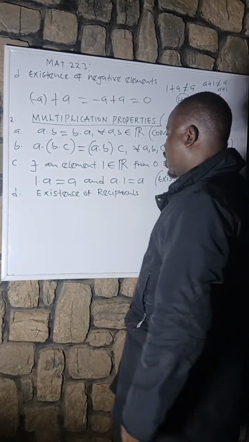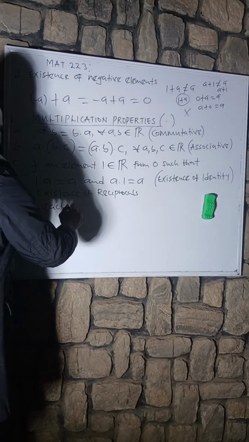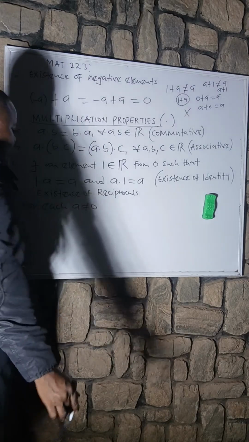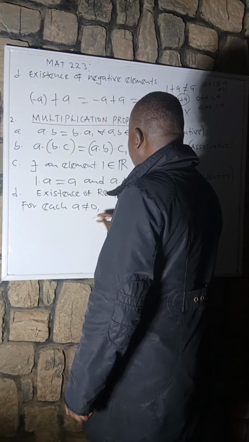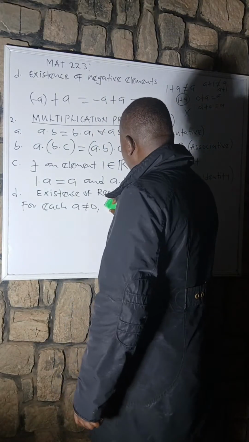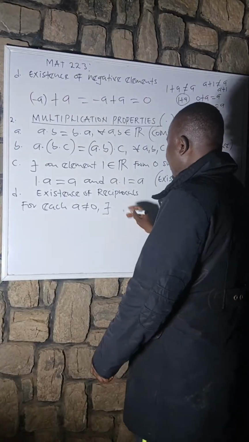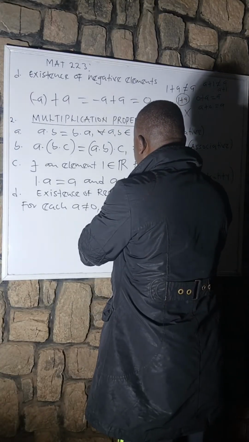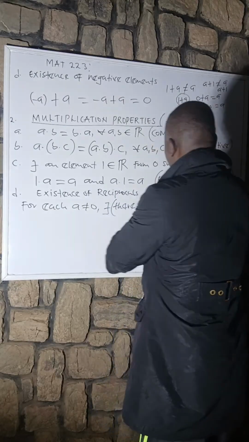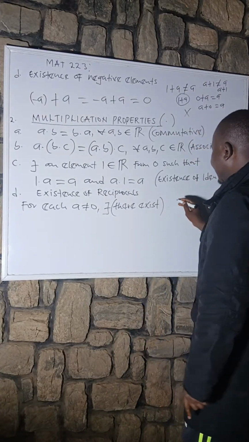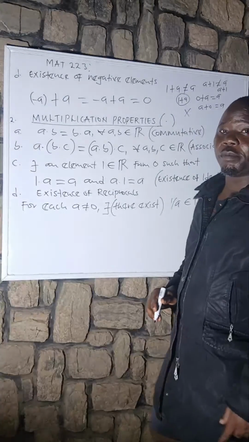For each A not equal to 0, it means there exists, we are speaking mathematics, this sign means there exists, 1 all over A contained in what? Real number.